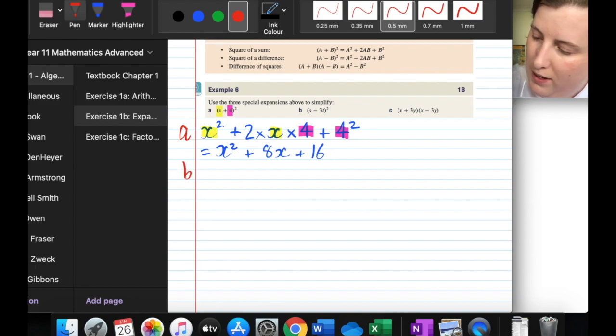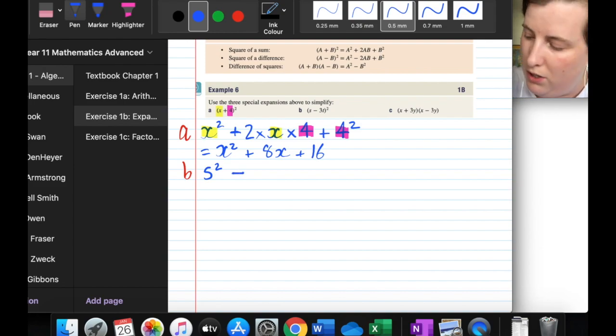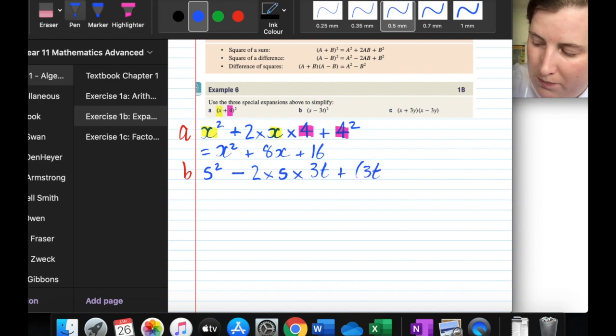Question B, really similar, but this time we've got a minus. Our terms are also a little bit fancier, but we've still got the first term squared. This time it's minus because there's a minus inside the brackets. 2 times the first term times the second term plus the second term squared.